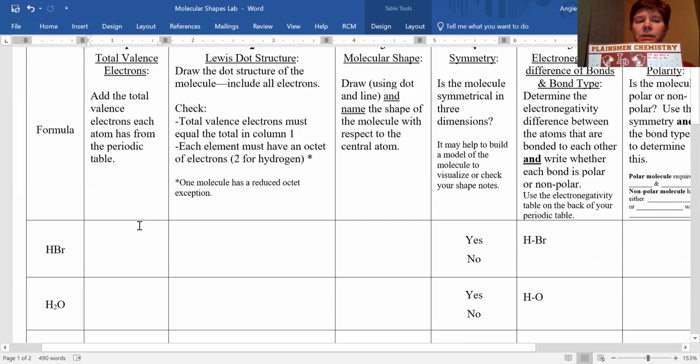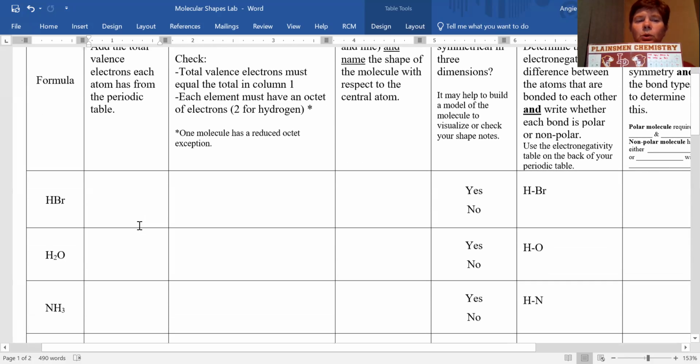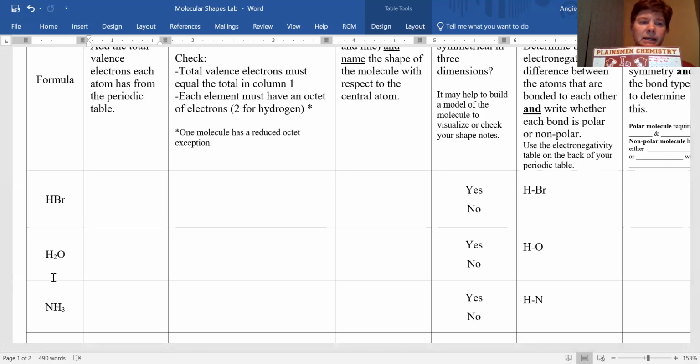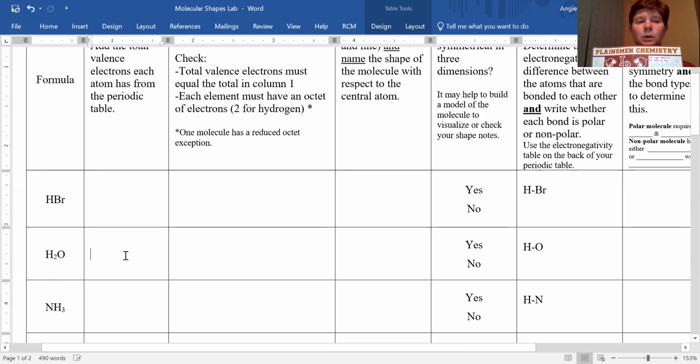We're going to do this for H2O as our first example. That's the example on the front side, and then we'll also do an example using H2CO on the second side. So for H2O, for column 1, we're going to put together all of the valence electrons.